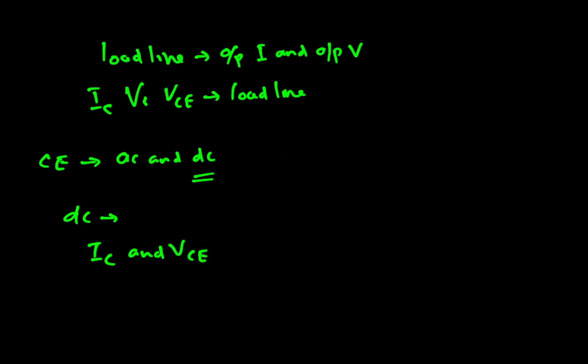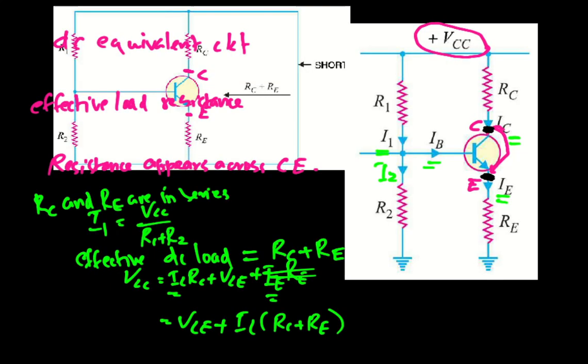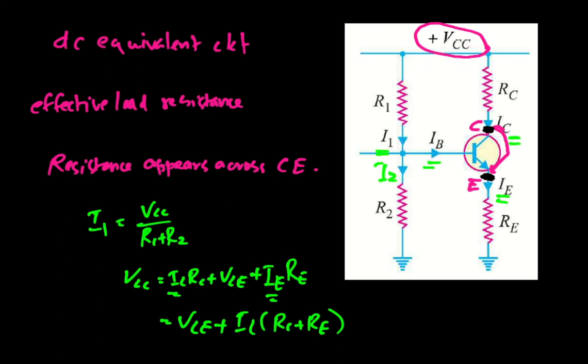The graphical relation between VCE and IC can be drawn as a straight line, according to the equation we mentioned earlier: VCC equals VCE plus IC RC plus IC RE.